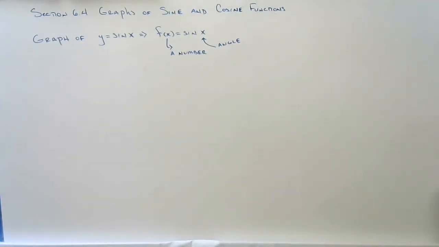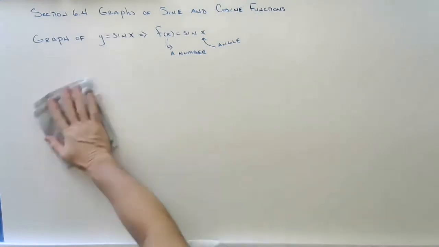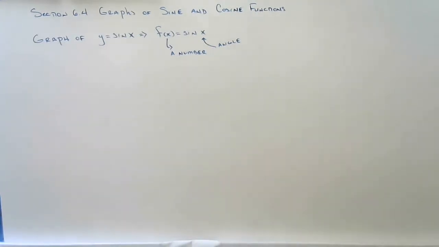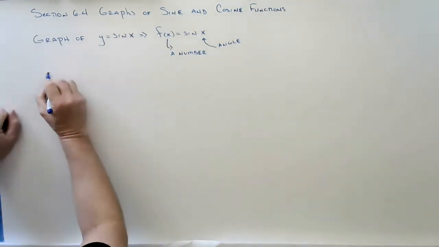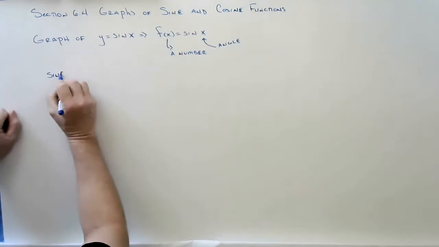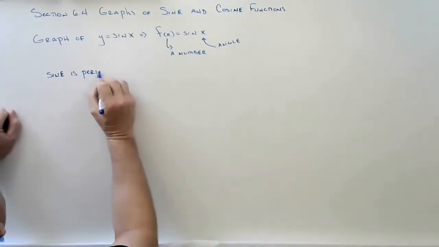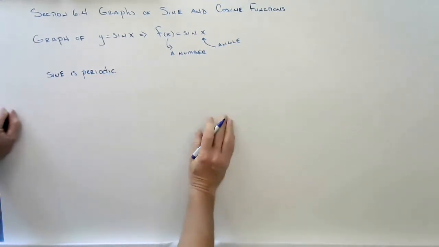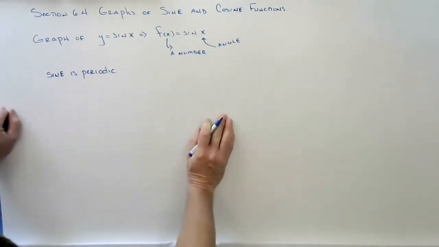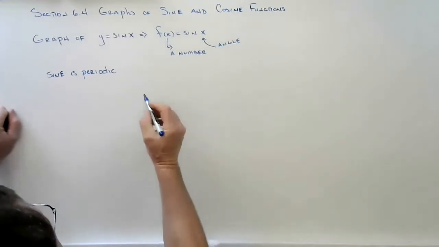Now, when we want to draw the graph of sine, we know that sine, from playing with the unit circle, is periodic. Now, by that, we mean it repeats itself over and over and over again. And we've seen that, right?